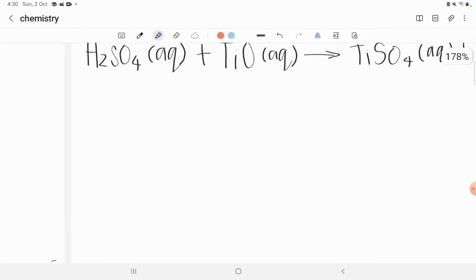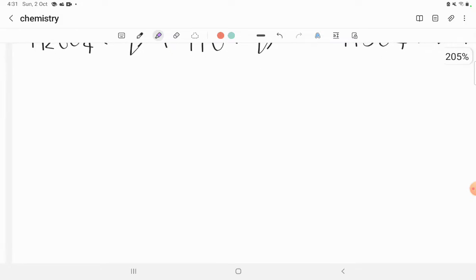This is where you would have to remember and memorize your qualitative analysis table, because they will only give you the table in practical exams. So this is why it's important for you to remember.